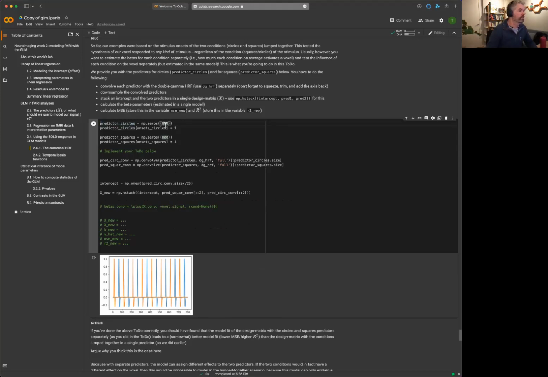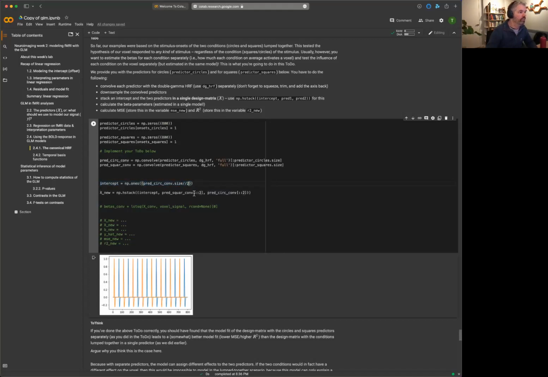So now I just have a simple 800 vector, and that goes into np.convolve very easily because now it conforms to the shape of the href. Now, the intercept we're creating by just integer dividing the size of the predicted to circ conv thing.